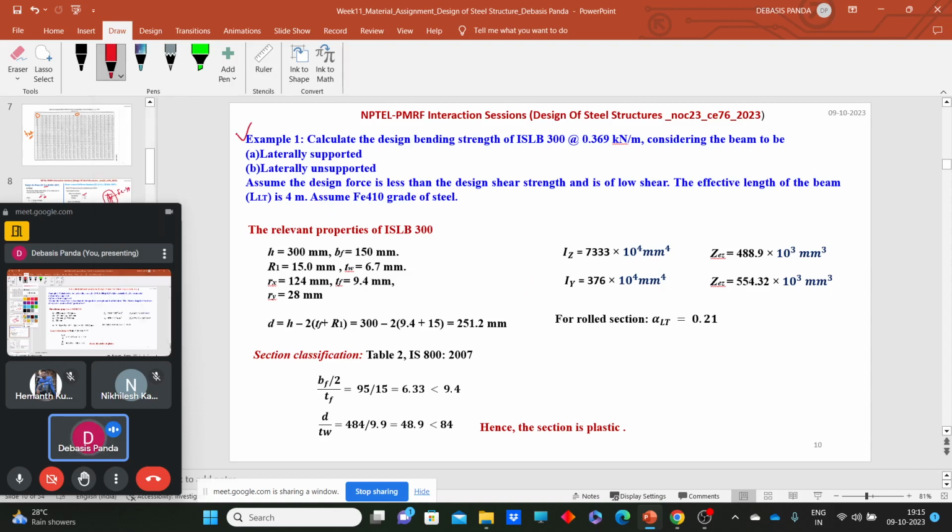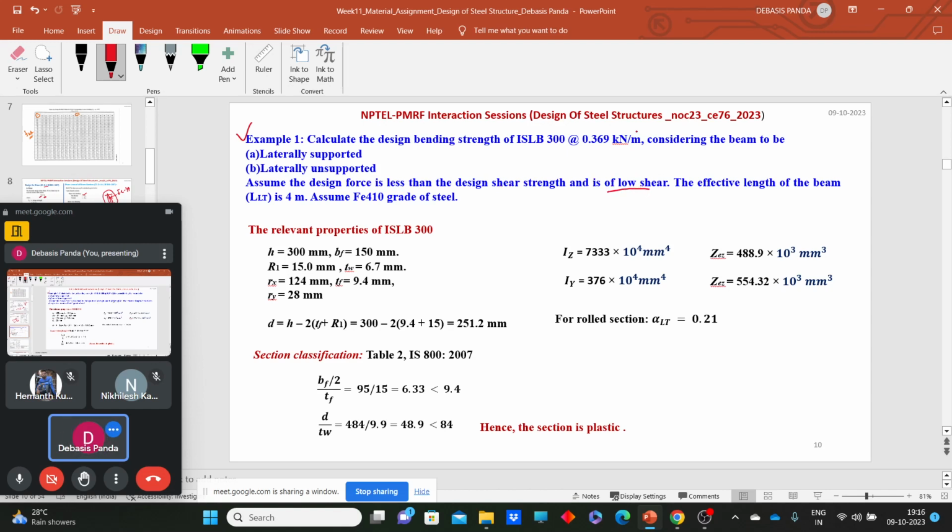The example says: calculate the design bending strength of ISLB 300 considering the beam to be laterally supported. First case, we calculate the design bending strength for the laterally supported case, and then the laterally unsupported case. Assume the design force is less than the design shear strength, and this is for low shear.